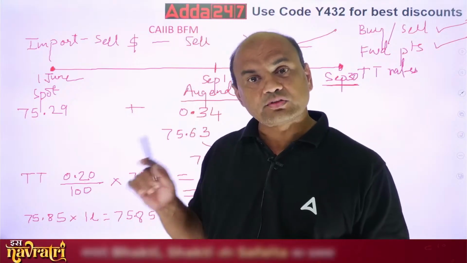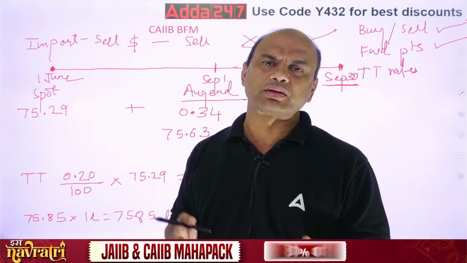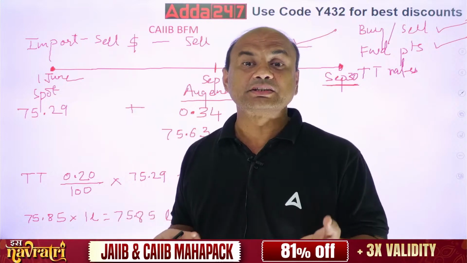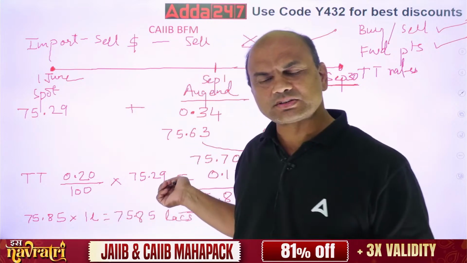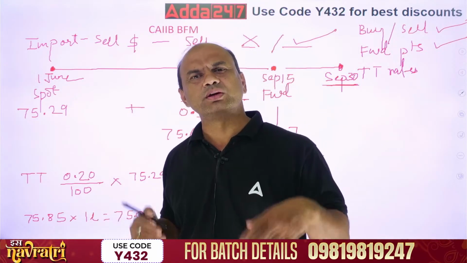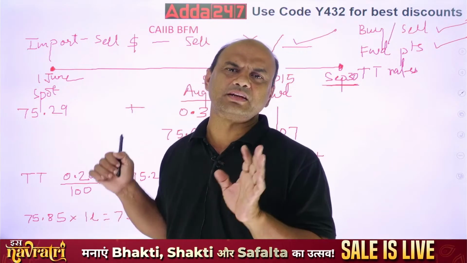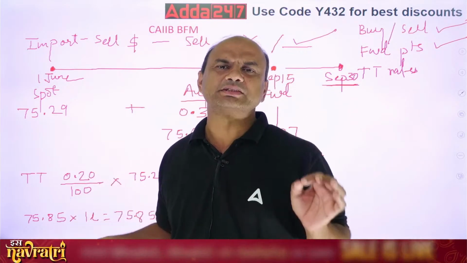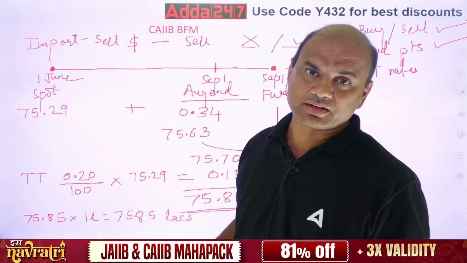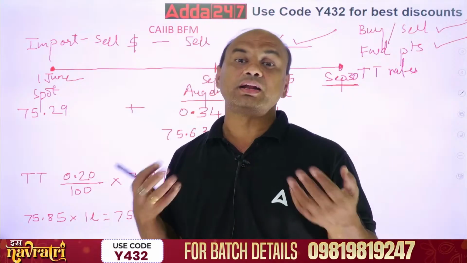So always while selling, you will try to add whatever expenses have occurred. So this is an expense. The logic is simple in all businesses, whether you are selling a refrigerator or selling dollars. The seller will always try to add the expenses so that he doesn't have to bear them.